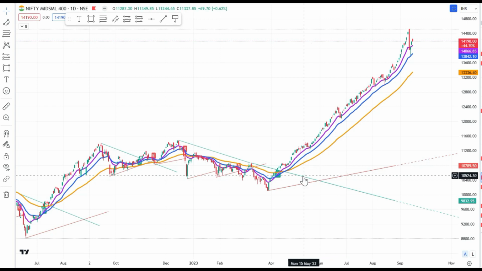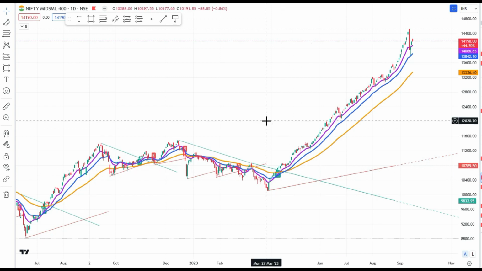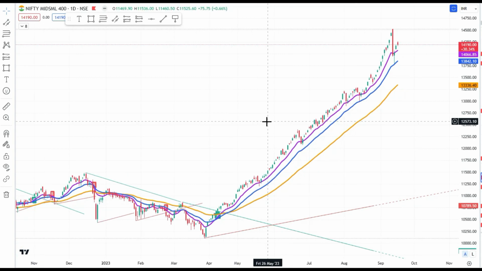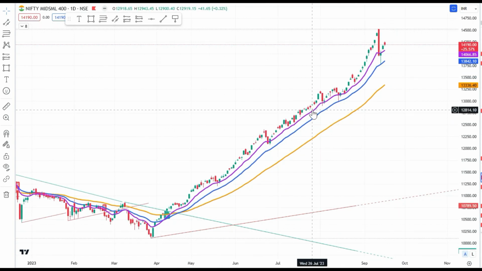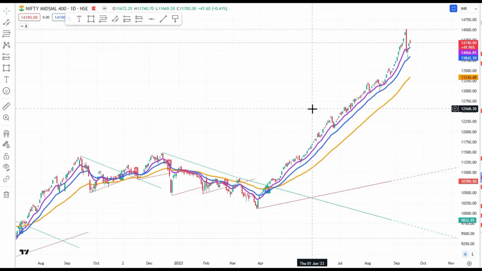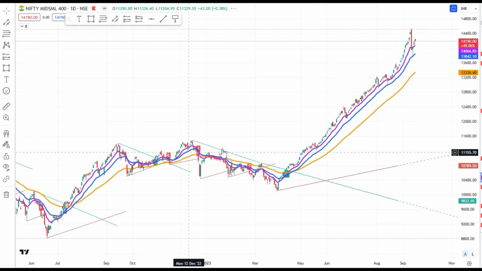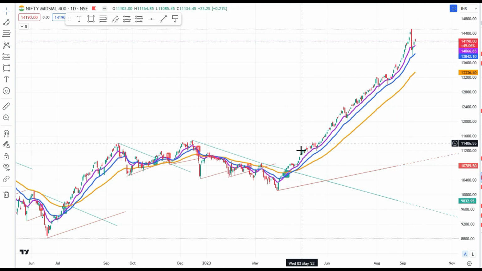That's quite an index. If you actually see from this point to this point, that's a lot of return in 4 months. Since April, this is almost 40% up.